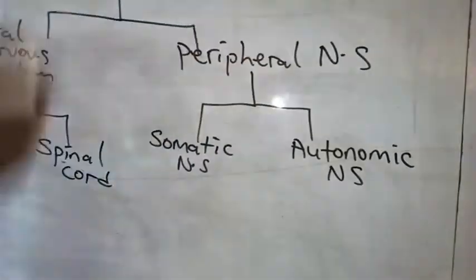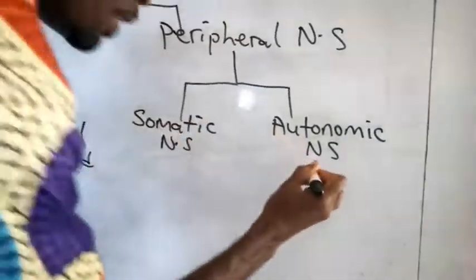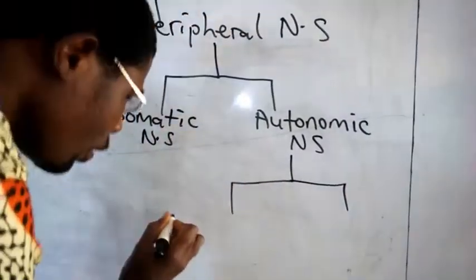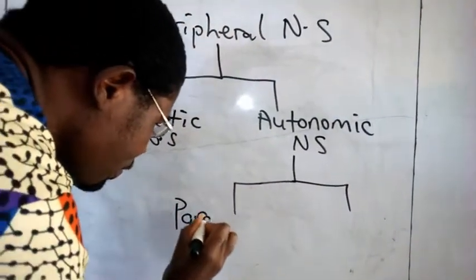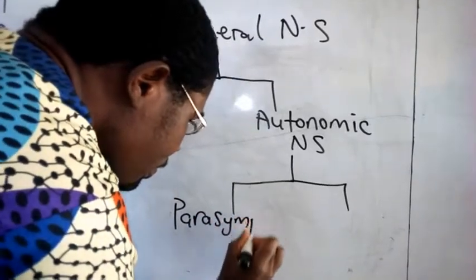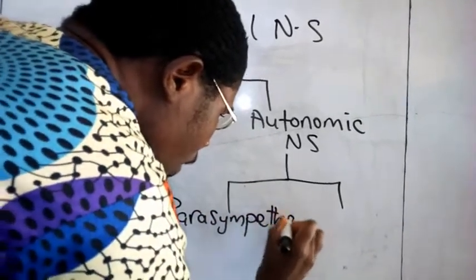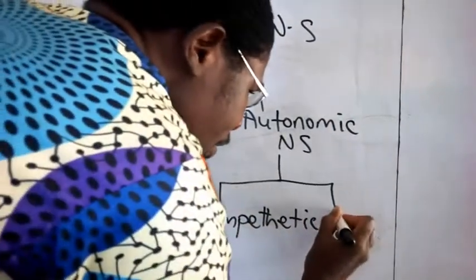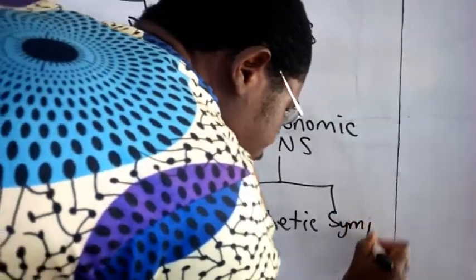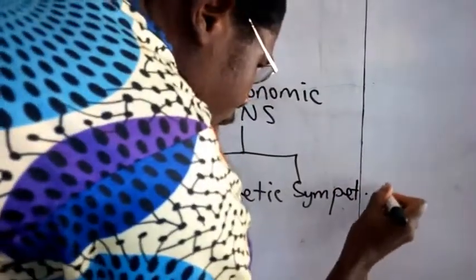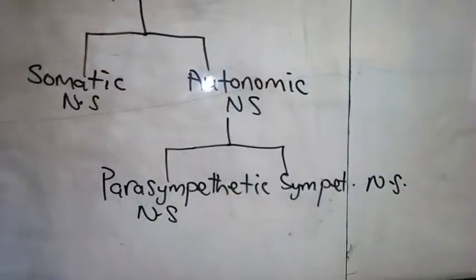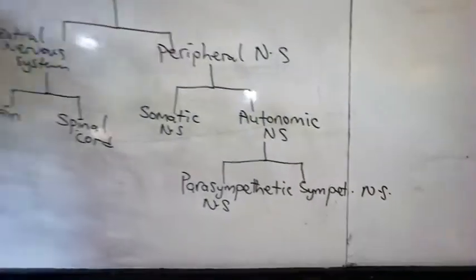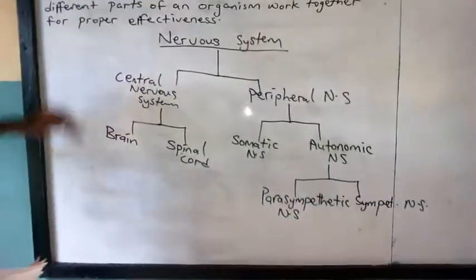Now the autonomic nervous system is further divided into two major groups again. This time we have what we call the parasympathetic nervous system and the sympathetic nervous system. Now this is a chart that runs through the entire system called the nervous system.